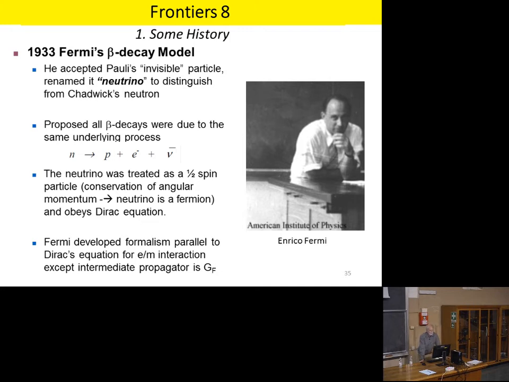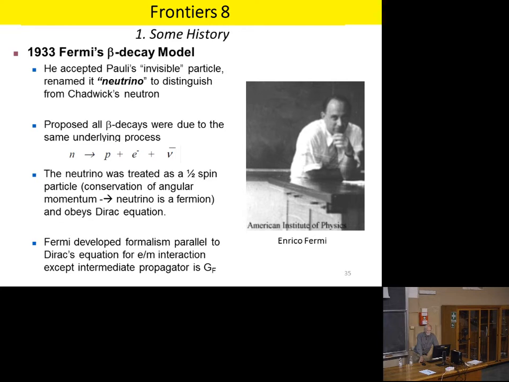So Fermi in 1933, just a year after Chadwick, introduced his scheme for what would be, for example, neutron decay, which I showed a few minutes ago, into a proton, an electron, and a neutrino. And he treated this neutrino as if it existed, and it is a spin-one-half particle, a fermion, as we talked about earlier.